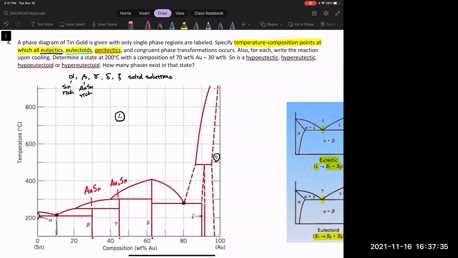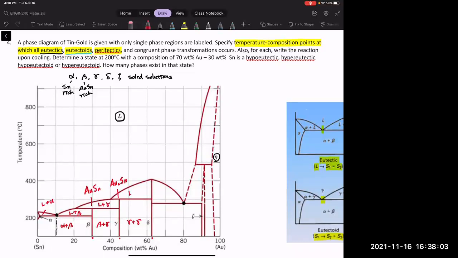Some of the phases are here. This region is the liquid plus alpha. This region is alpha plus beta. This is the beta plus gamma, gamma plus delta. This is liquid plus beta, and this one is the liquid plus delta.